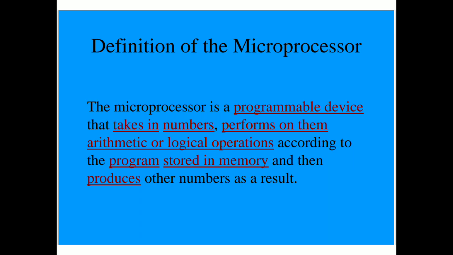The next underlined word is stored in memory. First, what is memory? Memory is the location where information is kept while not in current use. Memory is a collection of storage devices.